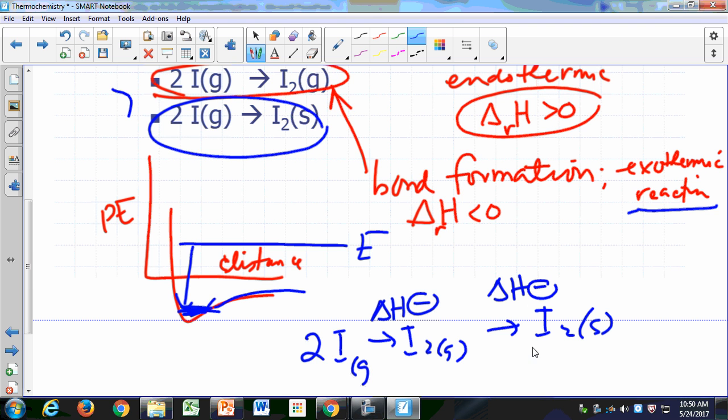So it's sort of like bond formation in a way, because if you're going from gaseous iodine molecules to solid, you're moving those molecules closer together. Except that the delta H for that is not quite as big as for the formation of a covalent bond. This is just deposition from a gas to a solid.